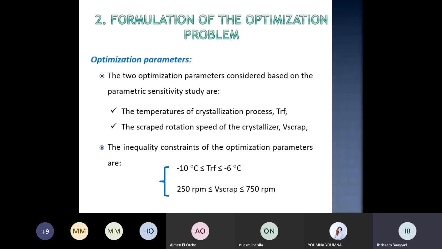The freezing temperature is chosen in this work in the interval of -10 to -6 degrees Celsius, and the scraper rotation speed value is considered according to the factory setting that allowed variation from 250 to 750 RPM.